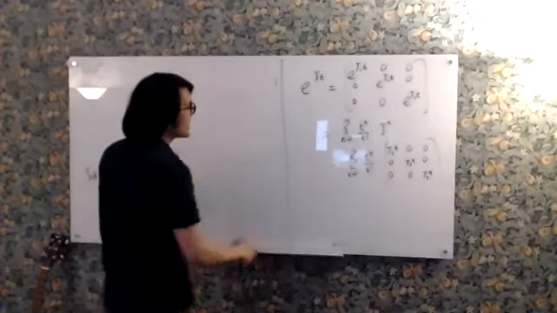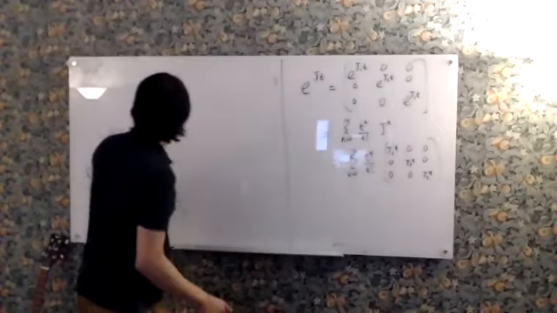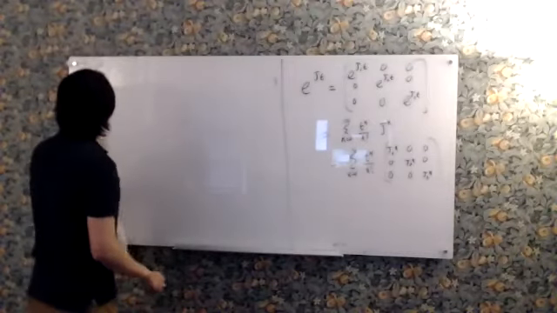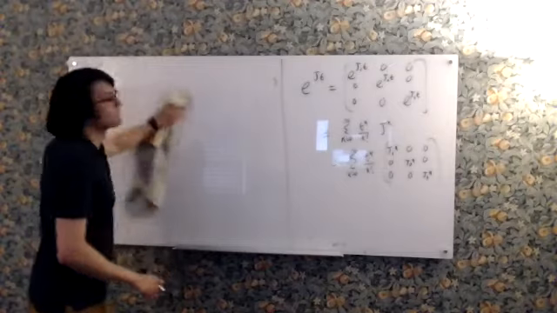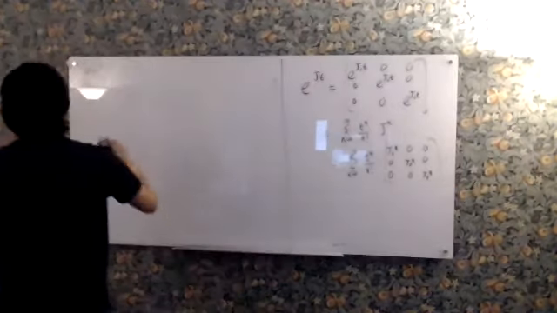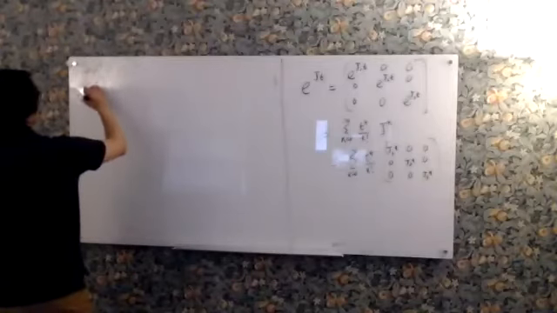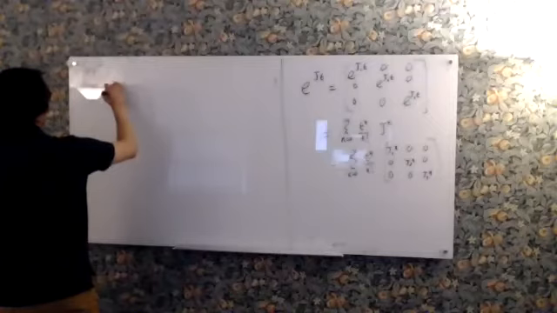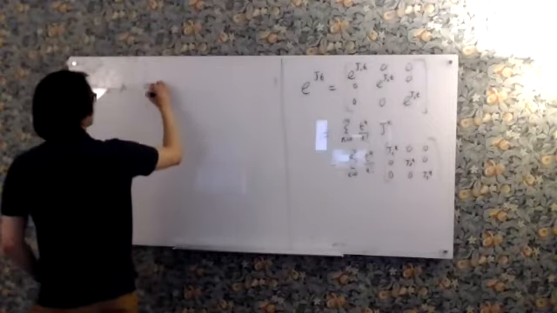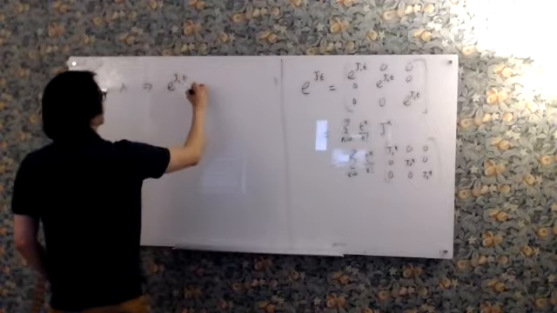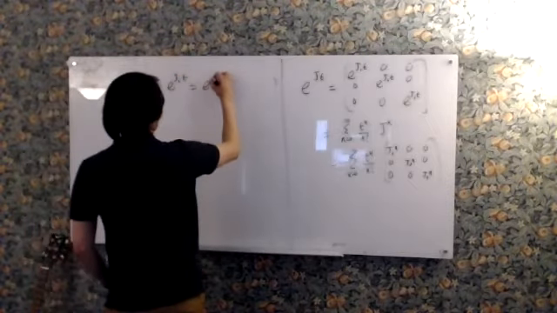In particular, I just want to know, what do these matrix exponentials look like? So if J_i equals lambda, this implies e^{J_i t} is equal to e^{lambda t}.